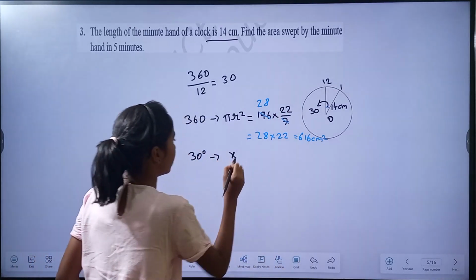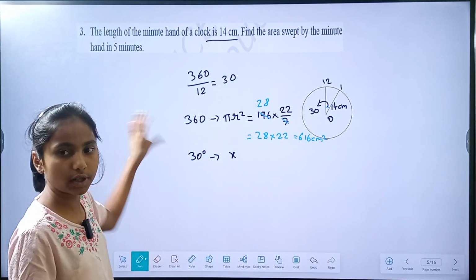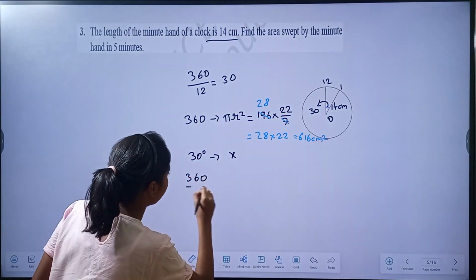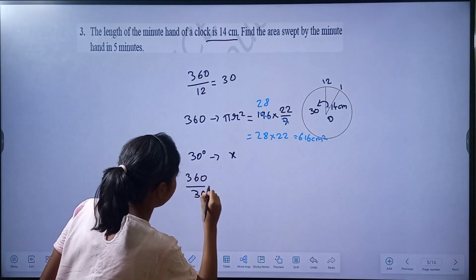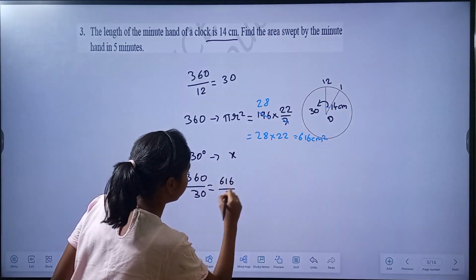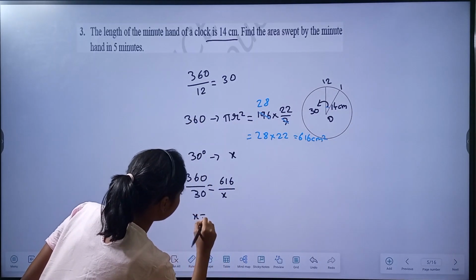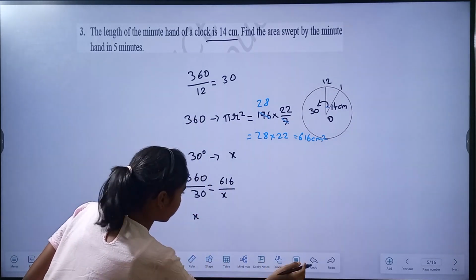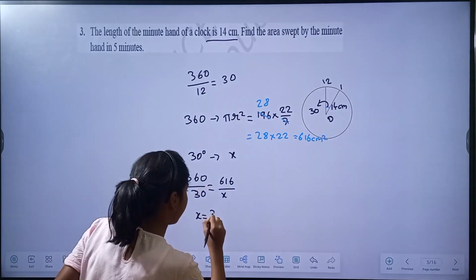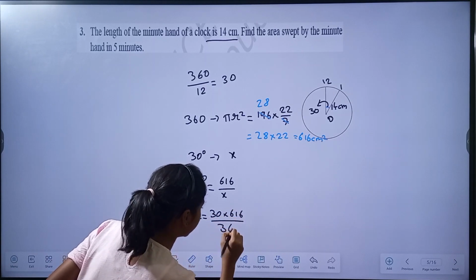We have to find x. As these two quantities are directly proportional, the ratios are equal. So 360 by 30 equals 616 by x. From this we can write x equals 30 into 616 whole by 360.